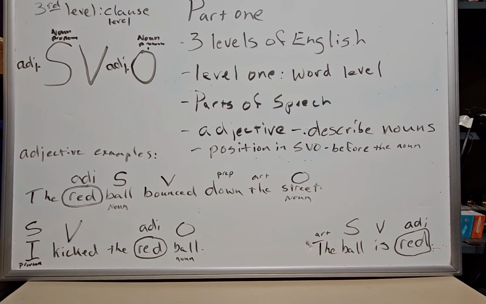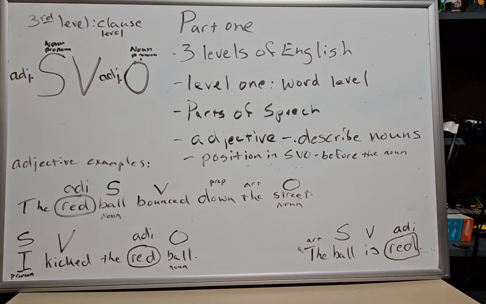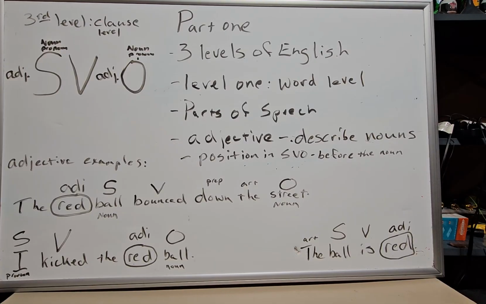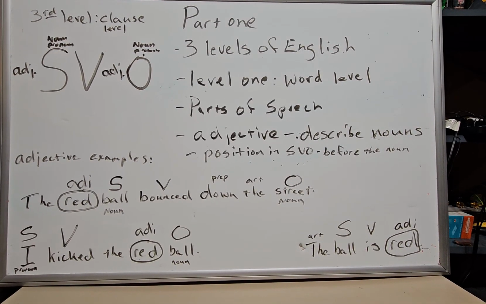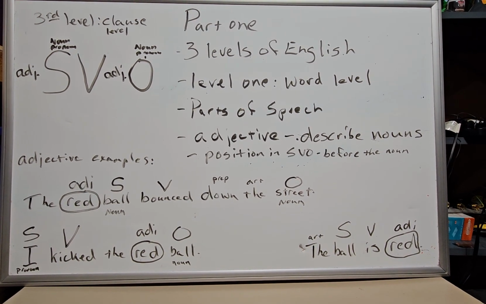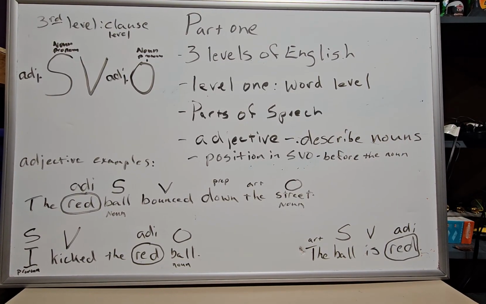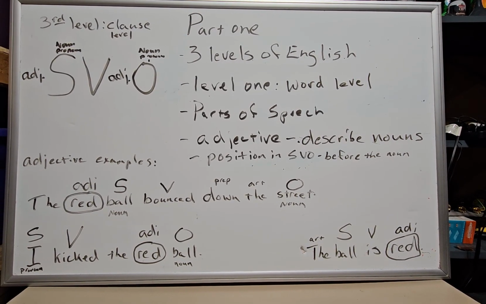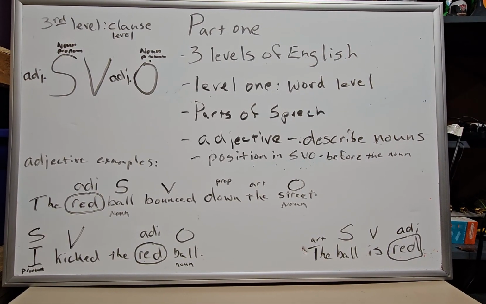Continuing, we have the word street in the object position. Street is a noun. We see the adjective in this example before the subject noun, ball, describing what kind of ball or the color of the ball, which is red.